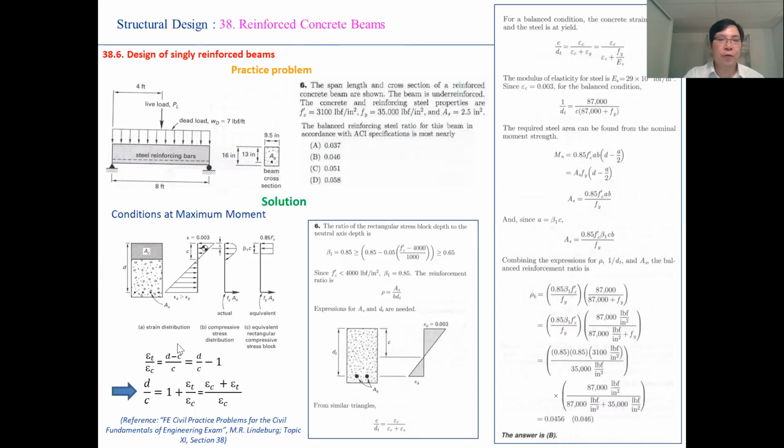And after, from this equation, you can calculate the ratio d per c in function of the fy, and fc. Epsilon c is the deformation of the concrete. Epsilon sub t is the deformation of the steel bar.